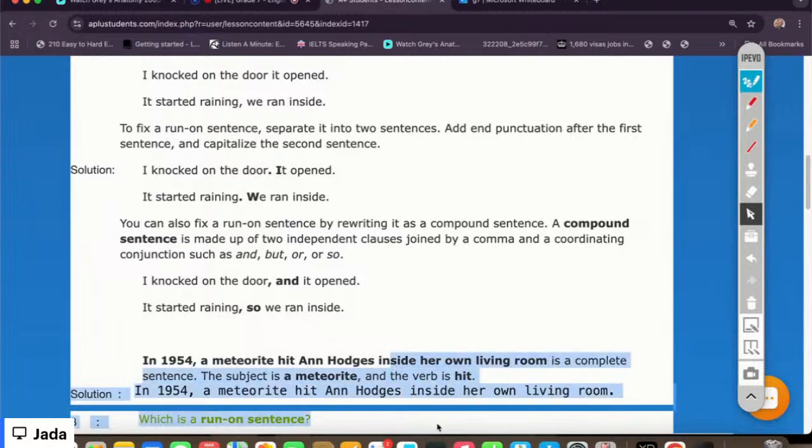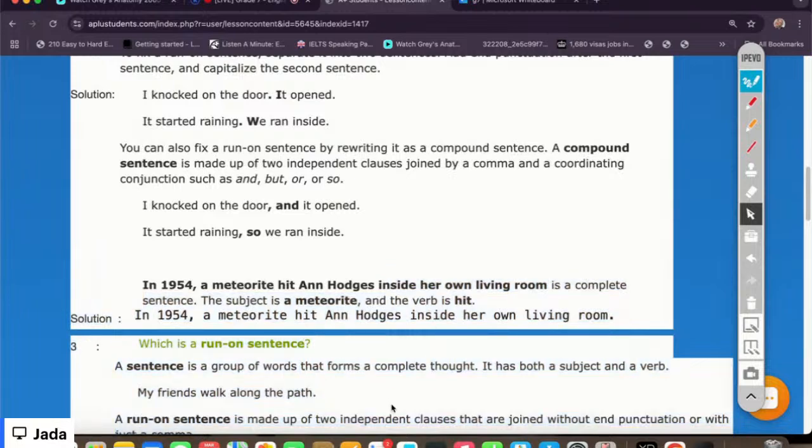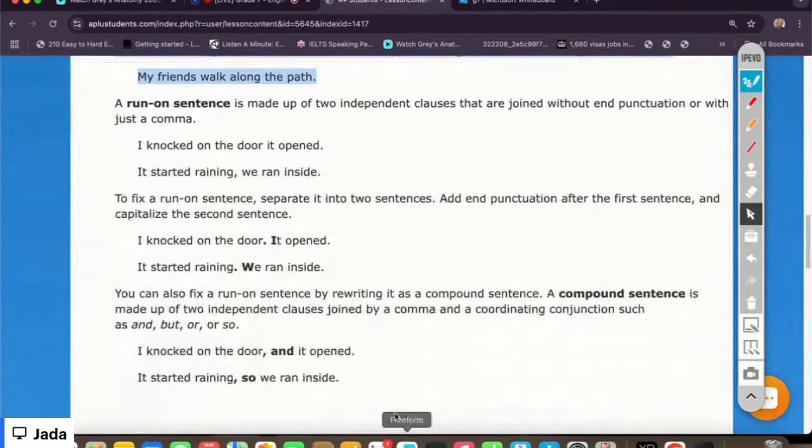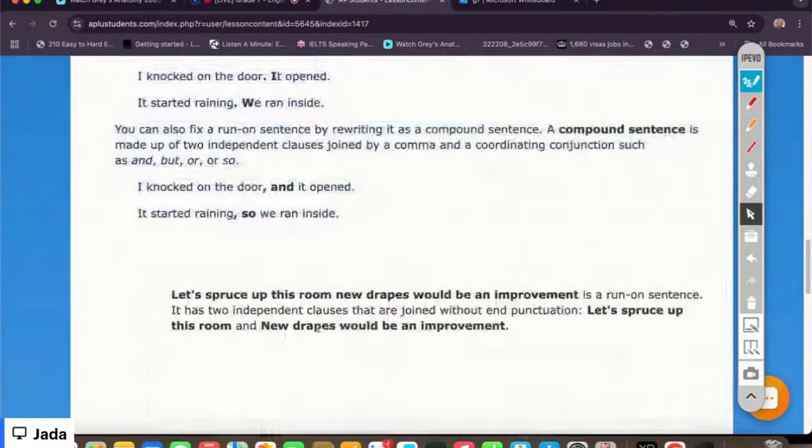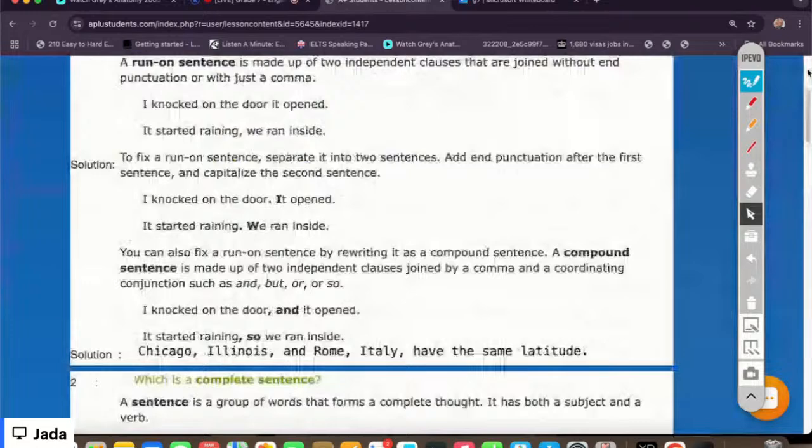So it has a subject and a verb. Now, which is a run-on sentence? Let's spruce up this room. New drapes would be an improvement. You can see that it is two sentences together. So these two sentences are supposed to be separated. Okay, so we'll move on to the test.